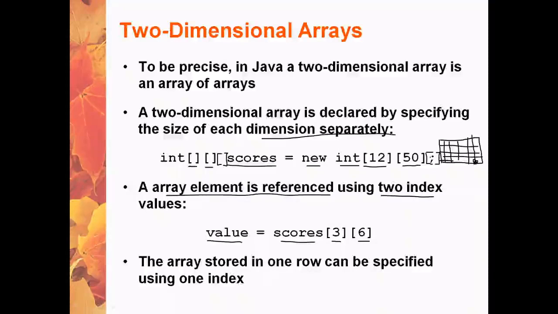The size may be 30, 40, whatever you want. This is the declaration of a three-dimensional array, and you can refer to any value in it by using three subscripts or three indexes. Like this you can declare an array of any possible dimension in Java.